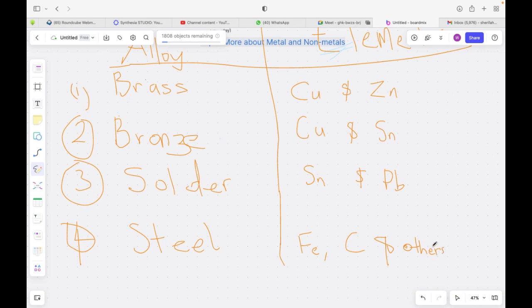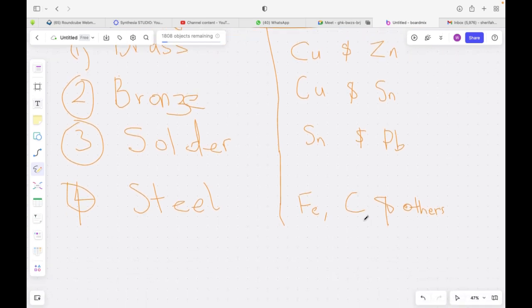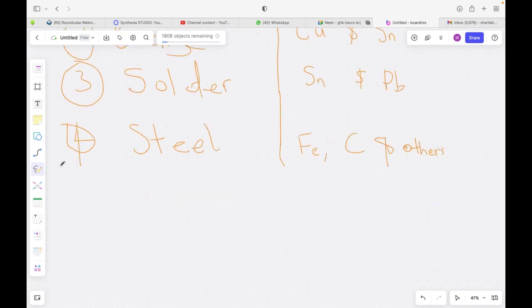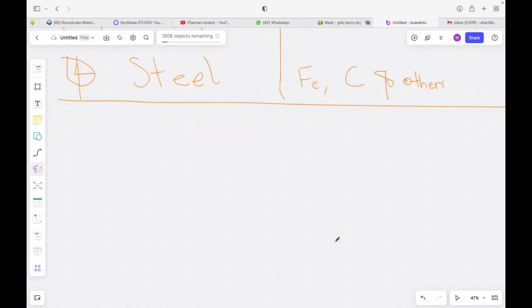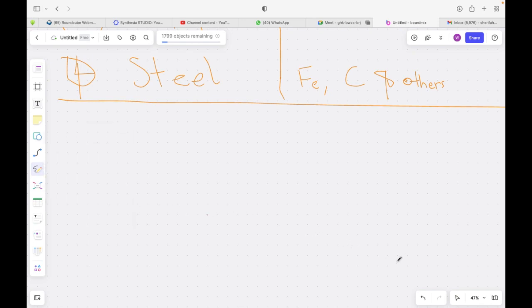Okay, so the elements that are combined with iron give the steel their different properties. The element that combines with iron gives the steel that specific property it has. For example, chromium and iron give a stainless steel.